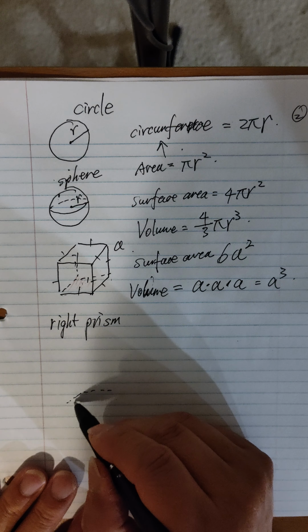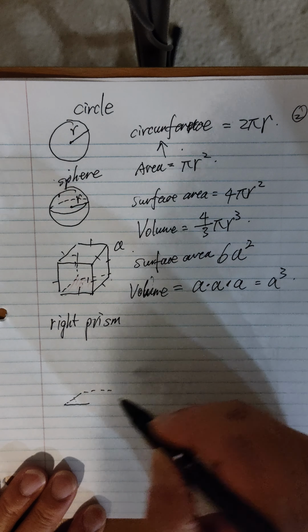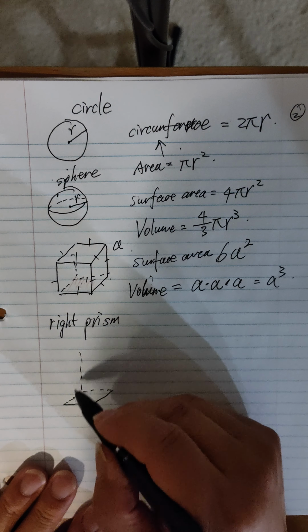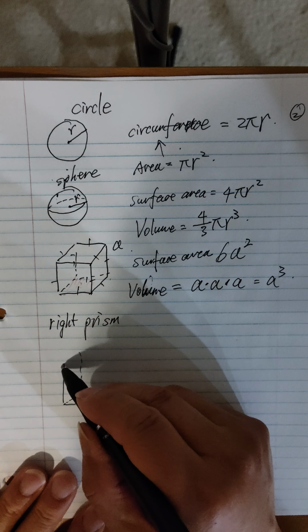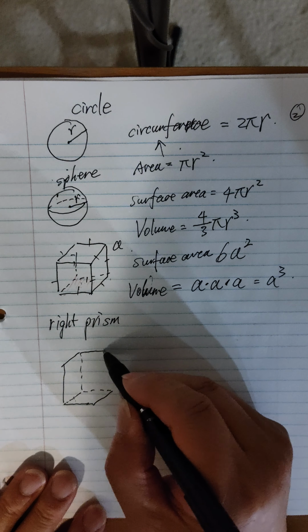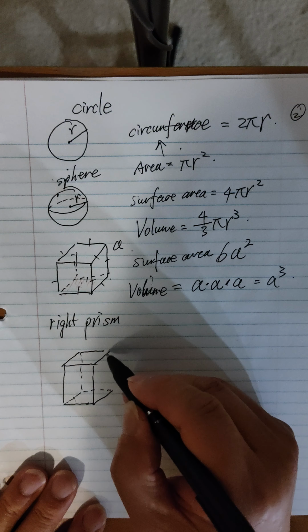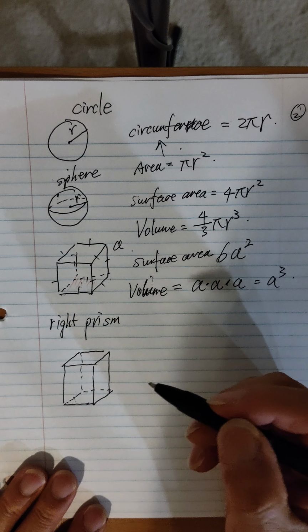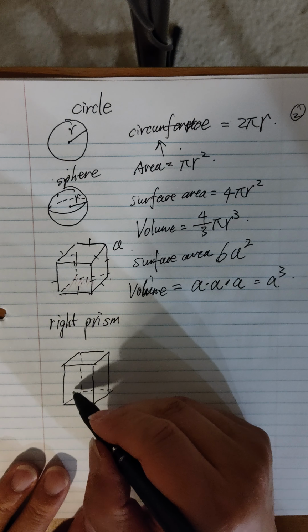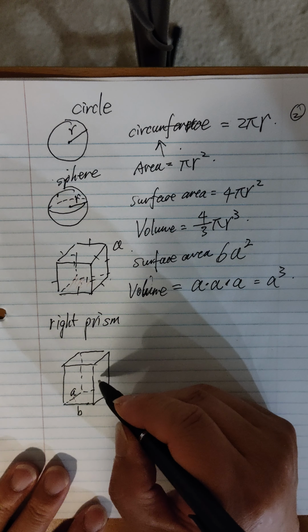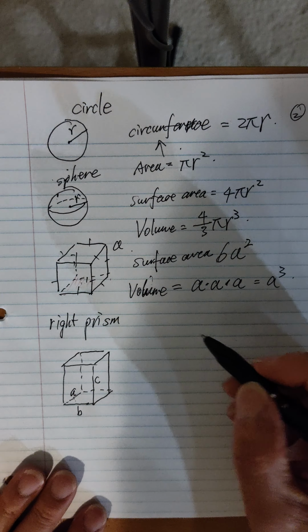It looks something like this. Let's say this side is A, this side is B, and the height is C.